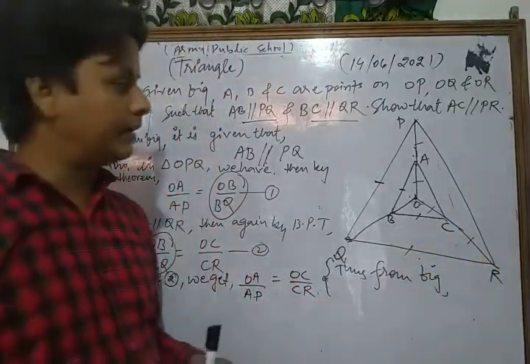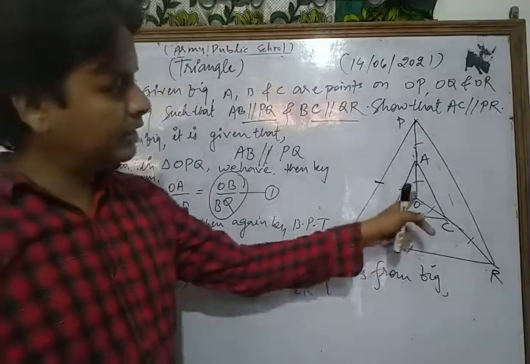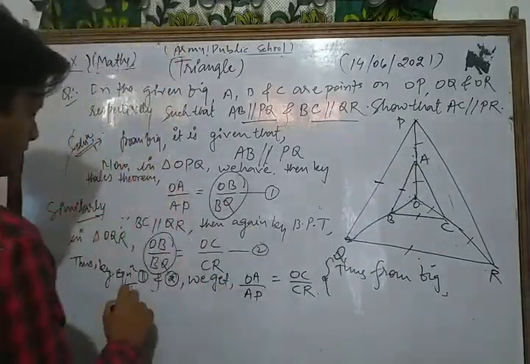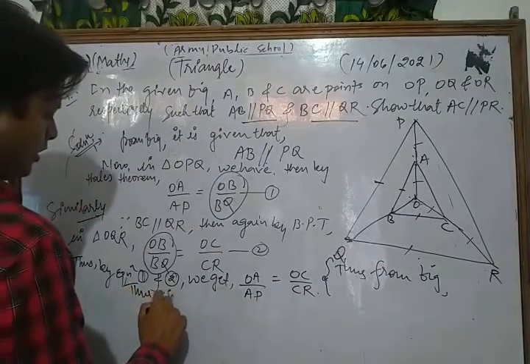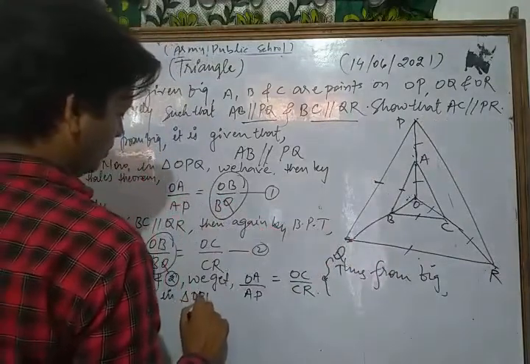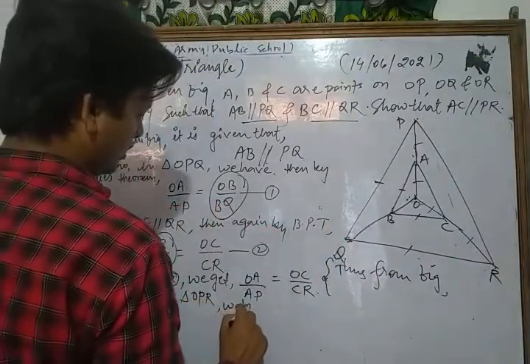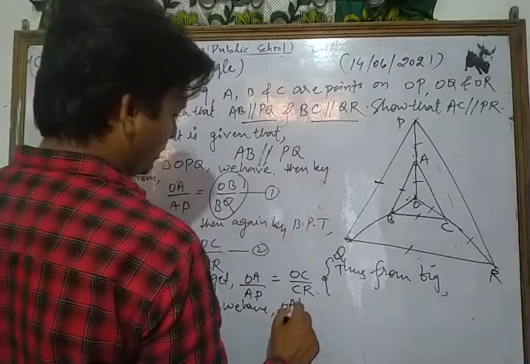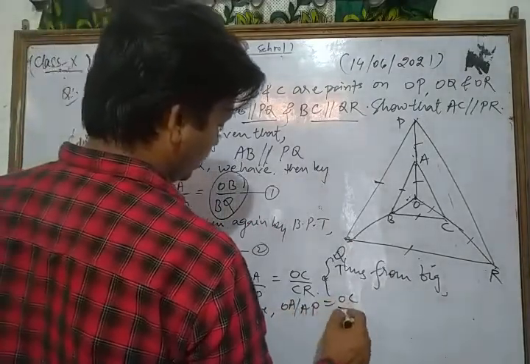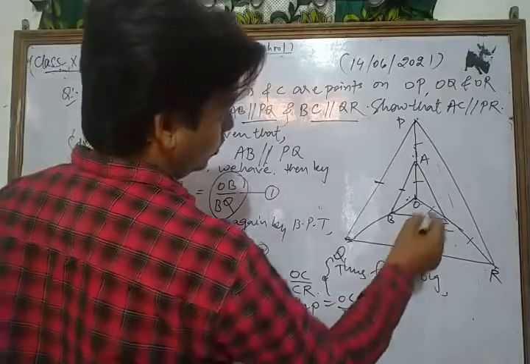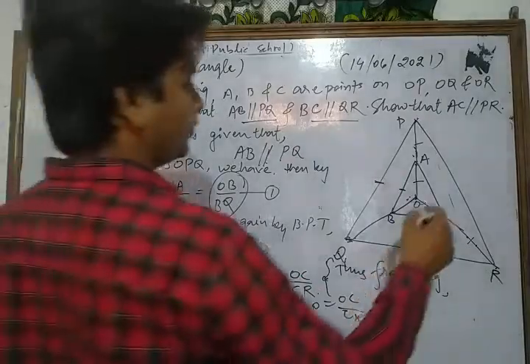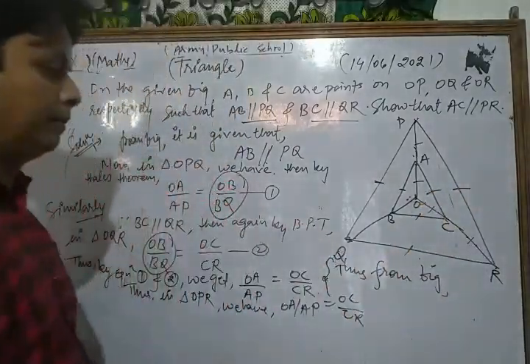So in this way, in triangle OPR we have OA upon AP is equal to OC upon CR. Thus, by the converse of Thales theorem, AC is parallel to PR.